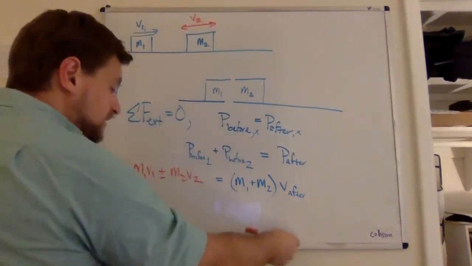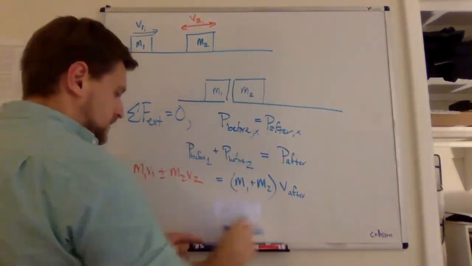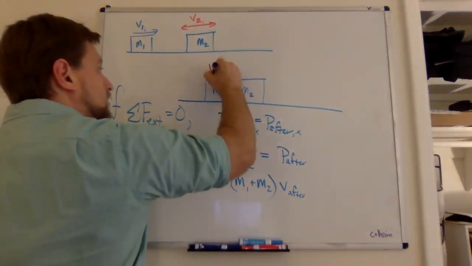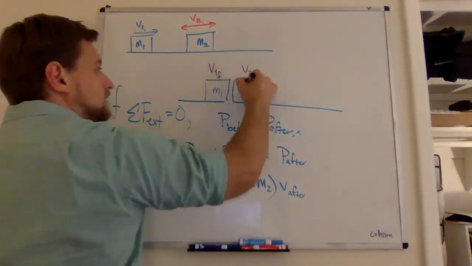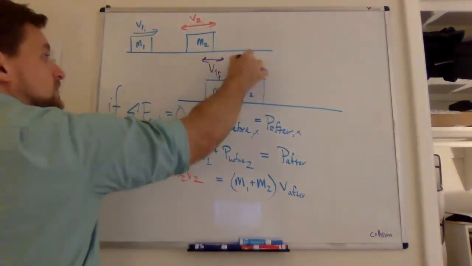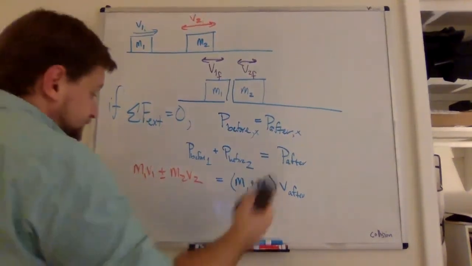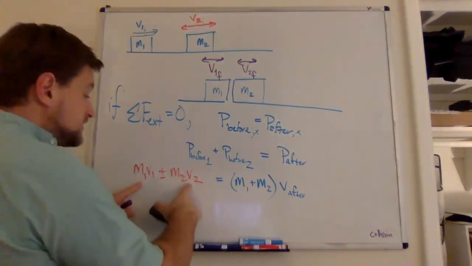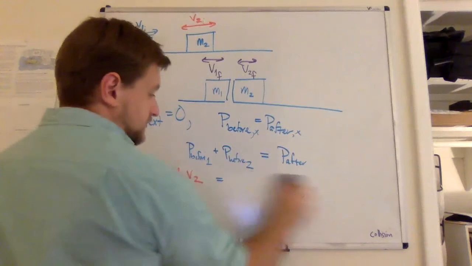And then after the collision, there might be some V1 final and V2 final. And they might be going either direction. I don't know. Could be positive, could be negative. The left-hand side is as it was, but the right-hand side is different now.